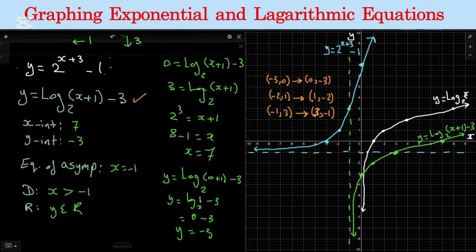And you know the inverses are a mirror image of each other in the diagonal line y equals x, which I'm going to draw out for you. And as you see, the blue graph, the exponential graph, and the green graph, the logarithmic graph, reflect in the line y equals x, which proves that both are the inverse of one another.